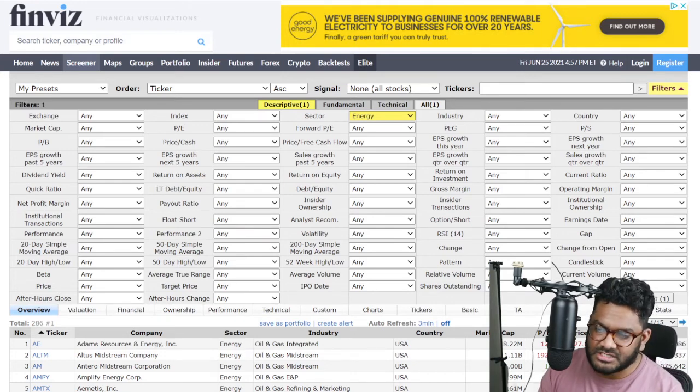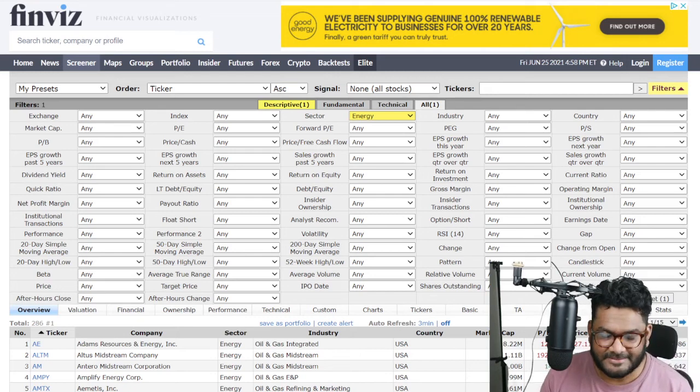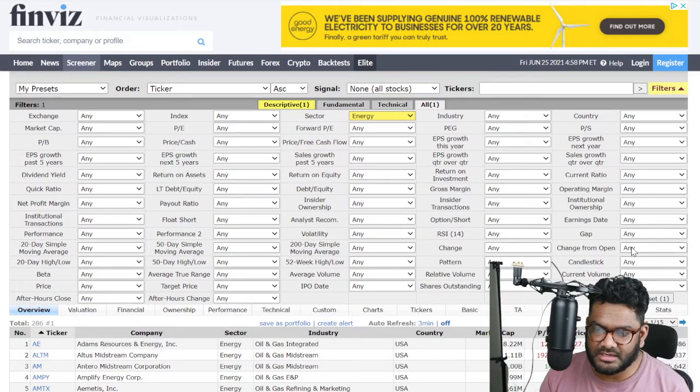So out of which, how do we find the best companies that can give us a good return in the short term? The best thing to start from here is the thing that we learned with the Apple stock, that is the 200 days moving average. You remember the 200 days moving average?